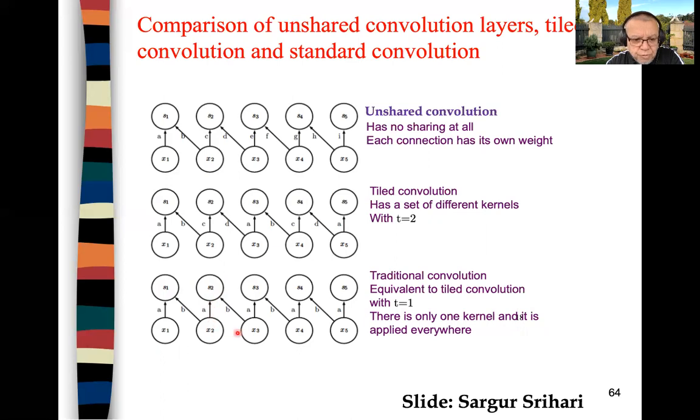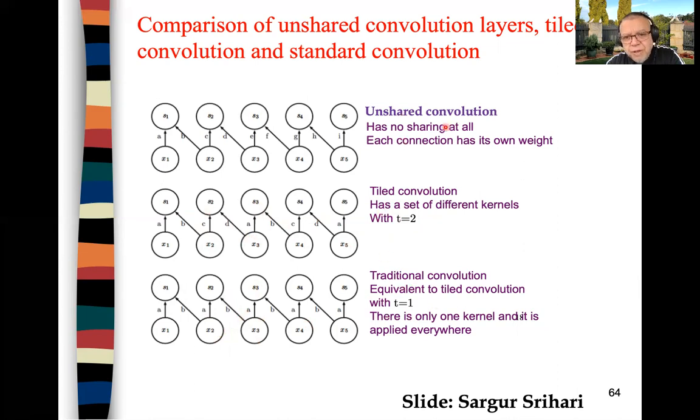You convolve your input with it, so you have parameters A and B, same thing here, A and B, A and B. In the case of the tiled convolution with t equal to 2, you get A and B, then you jump to C and D, then go back to A and B, and then jump to C and D. And you can see that the traditional convolution is just like the tiled convolution, but with t equal to 1, so you don't jump from one filter to another.